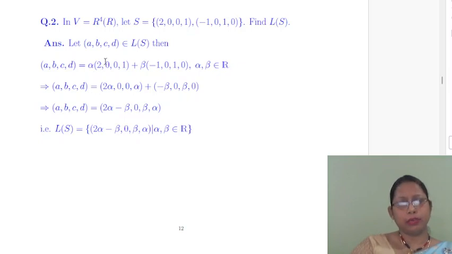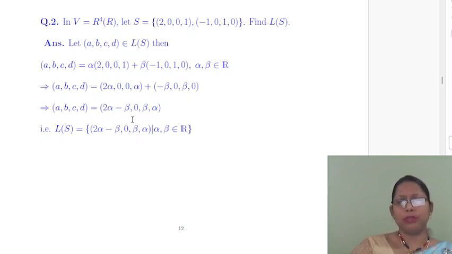In the next step, by using multiplication of the n-tuple and then pairwise addition of the tuples, I am getting (a, b, c, d) equal to (2 alpha minus beta, 0, beta, alpha). That is, take any element in the linear span, the structure of that element is this.